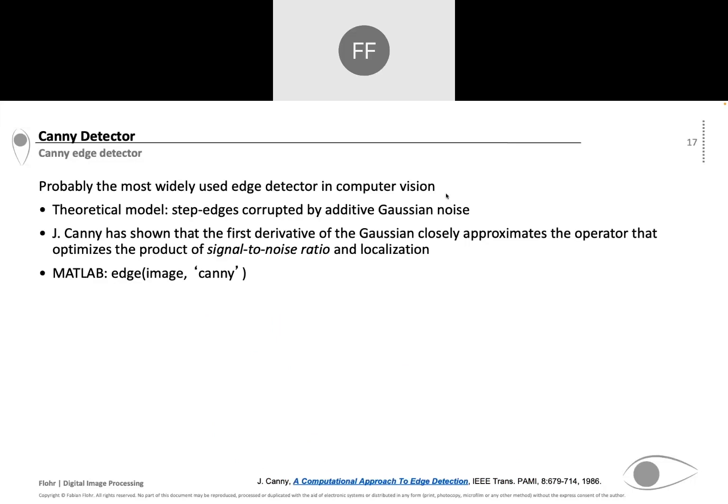And the Canny edge detector makes an important assumption. It says the step edges are corrupted by just additive Gaussian noise. Now, from some of the last lectures, you should know a filter which gives you a smoothed extraction of the high frequent part of the images. Do you know that filter name again?